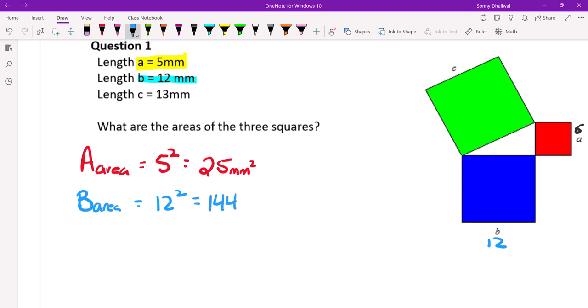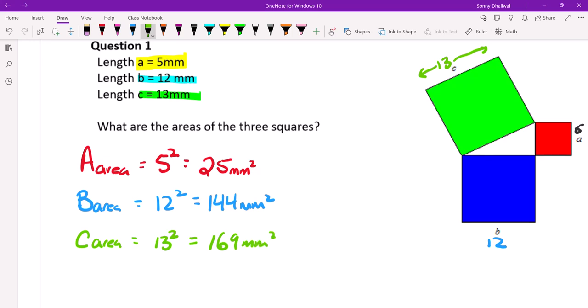And the units, once again, millimeters squared. Then we go on to the next one. C. C area is, this length is 13, we're told. Right? So 13 squared. What do you get, Cashel? 169 millimeters squared.